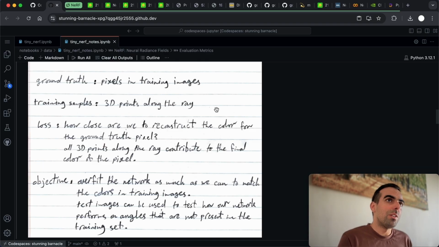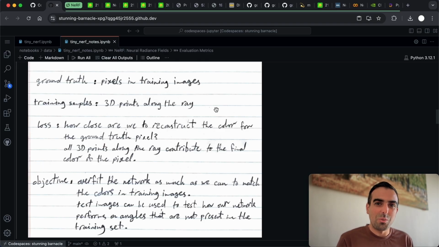When I first read about it, I thought the training samples are the same as the number of pixels in the training images. But it turns out that's not the case. NeRF is shooting 1 ray for each pixel, and along each ray, for small images, it samples 64 points. So 64 points times the number of pixels in each image times the number of training images.